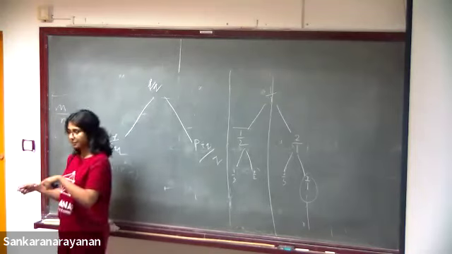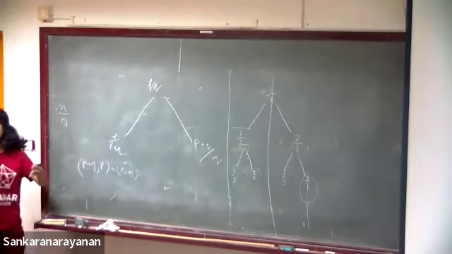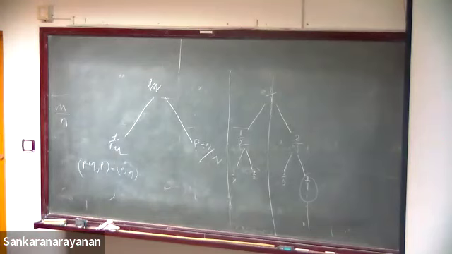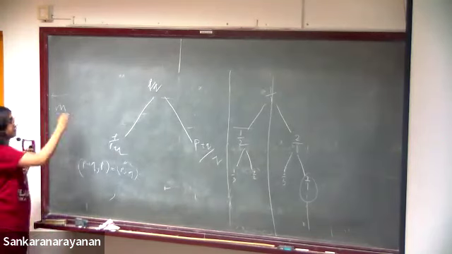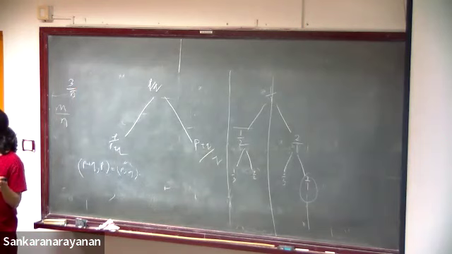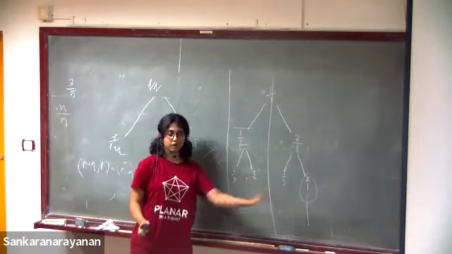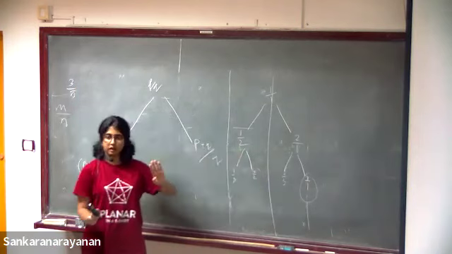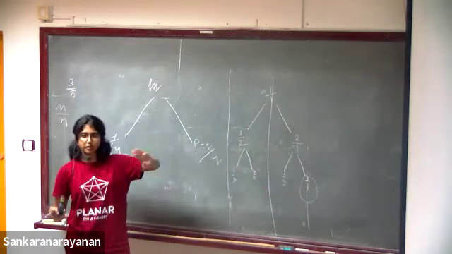So if it's greater than 1, I'll take the number. Give me a rational number now. 3 by 5. 3 by 5 is greater than 1 or less than 1? Less than 1? So where do you think it would be? Here or here? Right now I'm going conjecture wise.